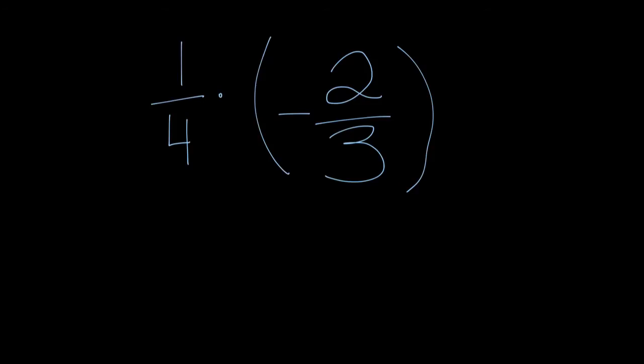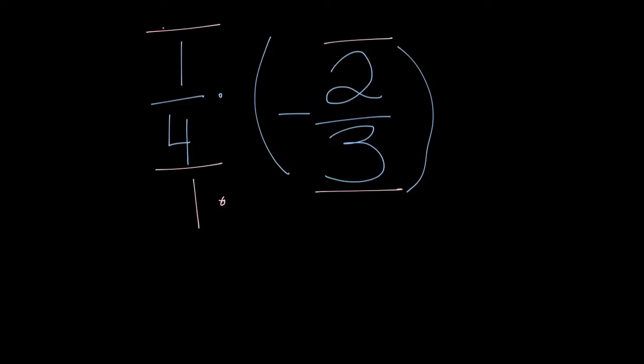We are going to multiply 1/4 by negative 2/3. So what we first are going to do is write our problem out like this. Because you need to multiply this number by this number, and this number by this number.